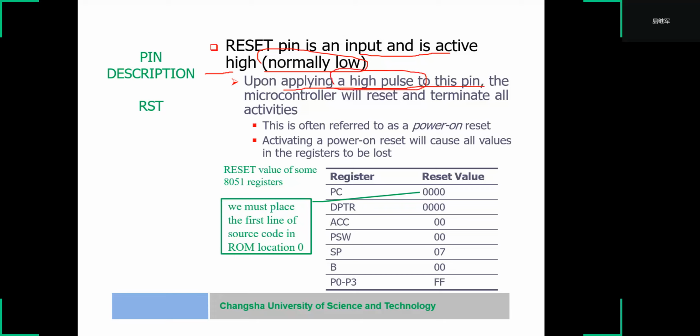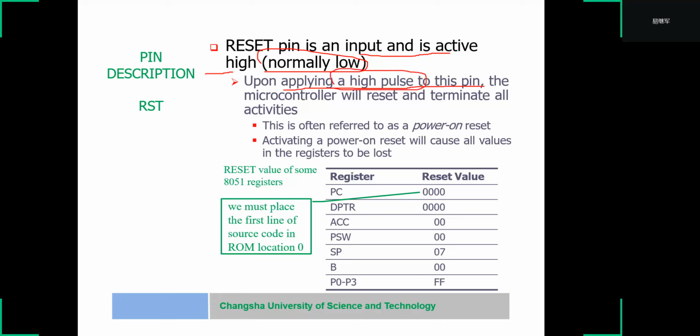So, okay. 老师, you mean the EA is only used for 8031 and 8032? It's not used in 8051? The EA is valid in 8051, 8031, and 8032. But the function is all the same because there is no on-chip ROM on the 8031 and 8032.